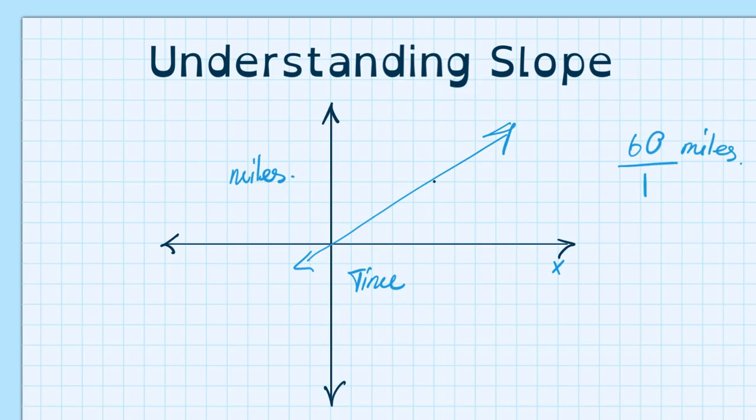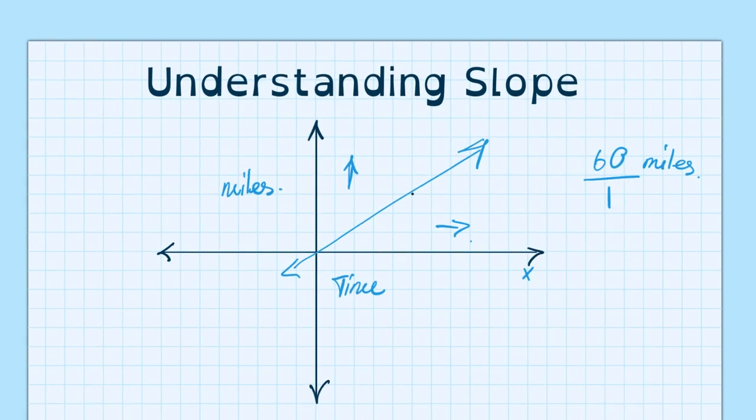And this is the ratio of vertical and horizontal change. So it's showing the relationship, what is happening when we're moving to the right, and up, or it can sometimes be down.